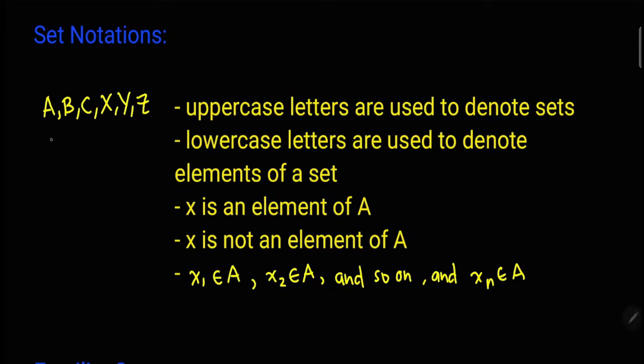For instance, lowercase letters a, b, c, or x, y, z. Now, if we want to say that a particular object x is an element of A, usually we use the E-like symbol. So we write x, the E-like symbol, A, to mean x is an element of A.